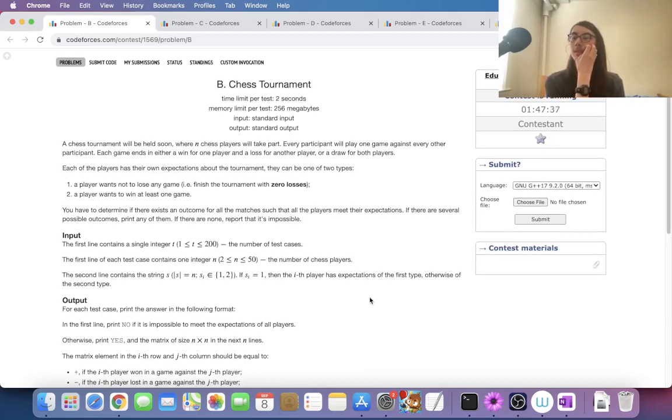So the particular players themselves don't really matter. It's more about the number of people that did it. So type 1 is annoying. Type 1, well actually wait, okay.